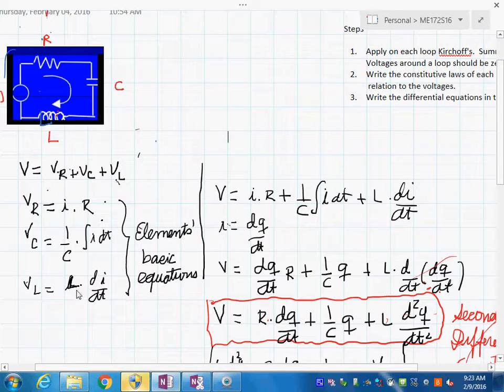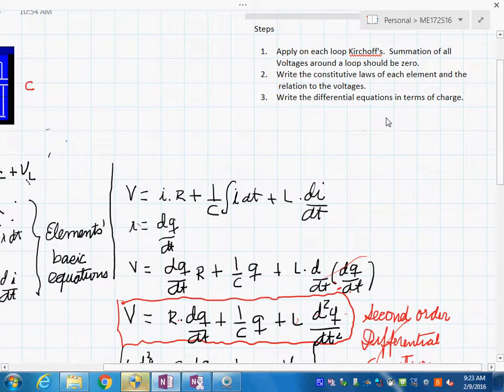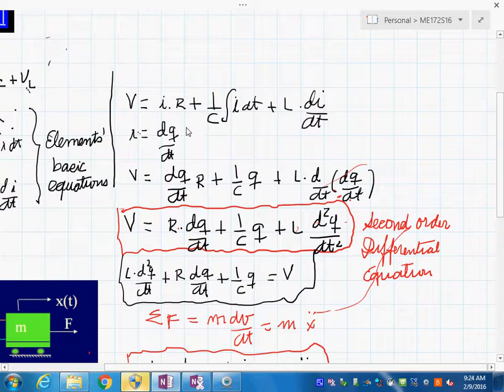If we put these basic equations together, then we develop the differential equations. See, differential equations in terms of the charge in this case. The reason is that if you keep it in terms of the current, the equation has integration and differentiation, and it's not in the best format for solution.